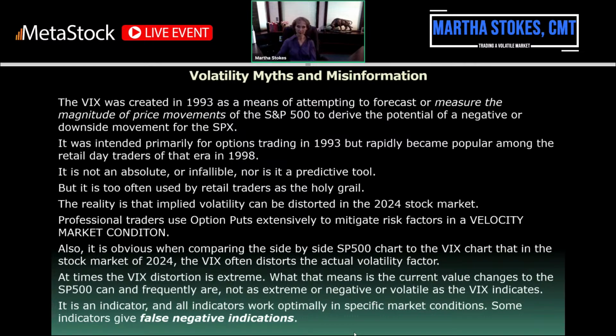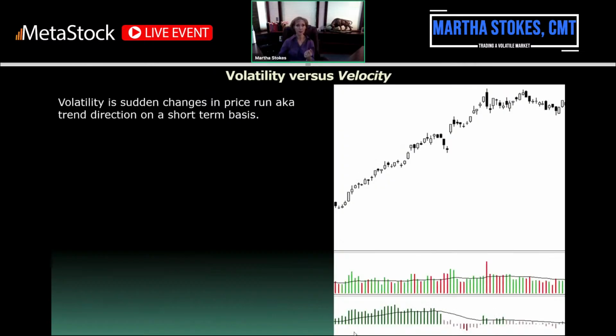Or it can float on the low side, and you're thinking, okay, it's going to go up, but it doesn't. So there are false negative indications, and you have to pay attention to that. VIX has that built into it just because of how old it is, and it hasn't been modified. So we have to watch that.